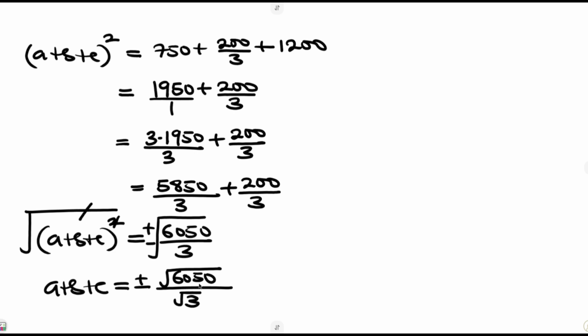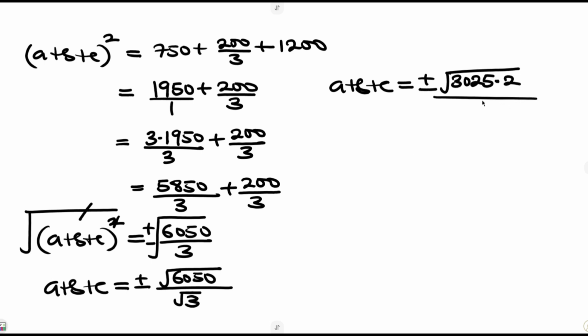Now we're going to be simplifying this 6050. So we have a plus b plus c equal to plus or minus the square root of 6050, which is the same as 3025, which is a perfect square, times 2, all over the square root of 3.